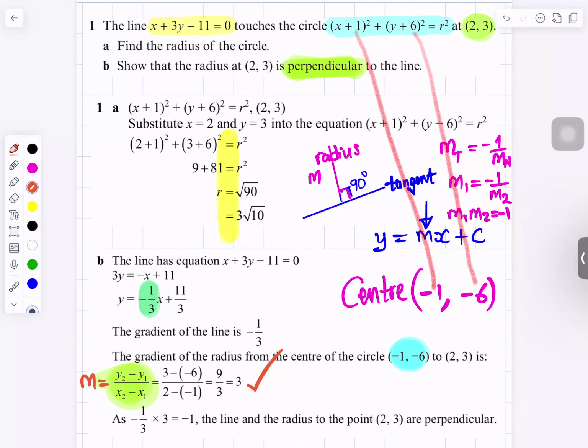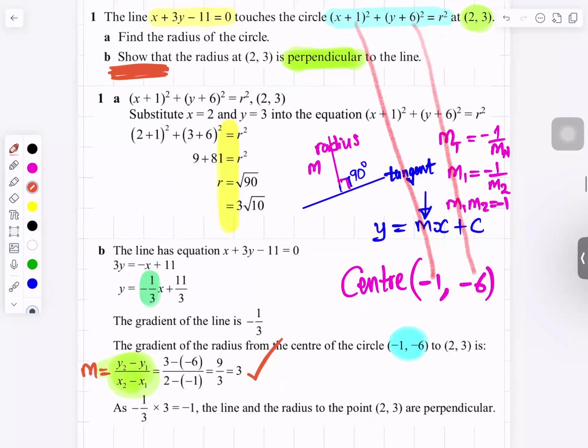Because they want you to show, the word is show, if they are perpendicular, when you multiply the gradients you will get -1. That's m1 times m2 = -1. So the gradient of the radius times the gradient of the tangent: -1/3 times 3 is -1.